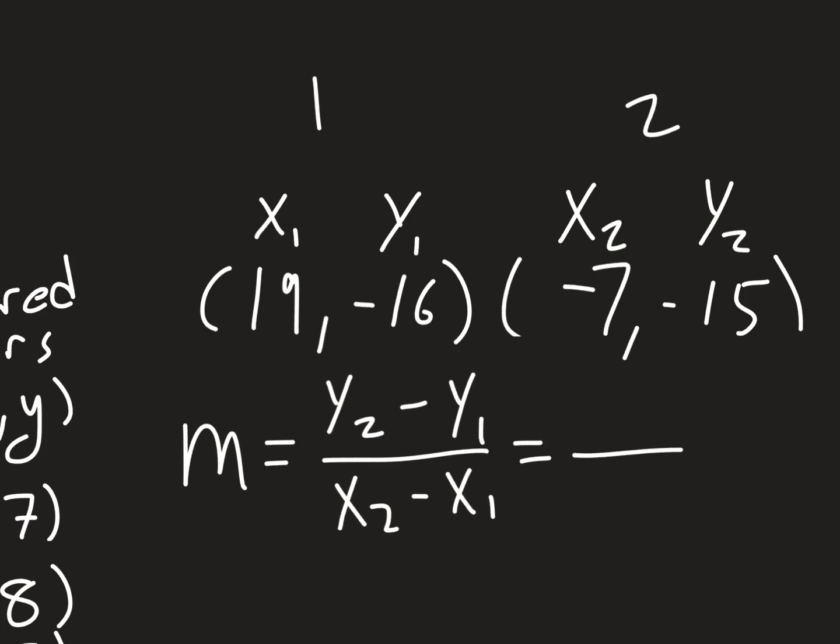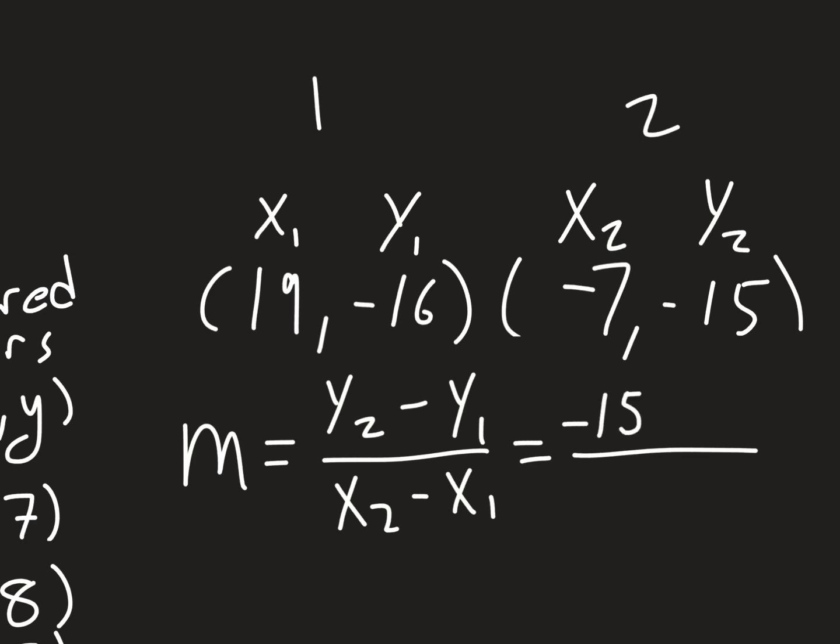So now we're going to fill them in. What's the first piece I should write down? You have to read it to me. What is this? Y2, which is what value? Negative 15. Okay, great.